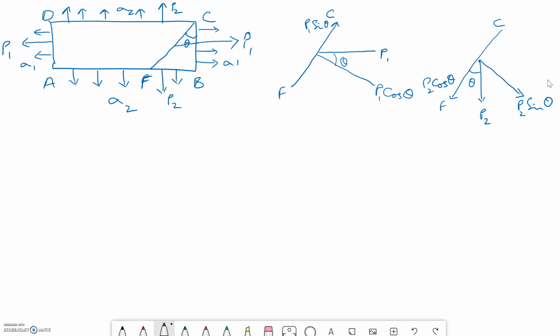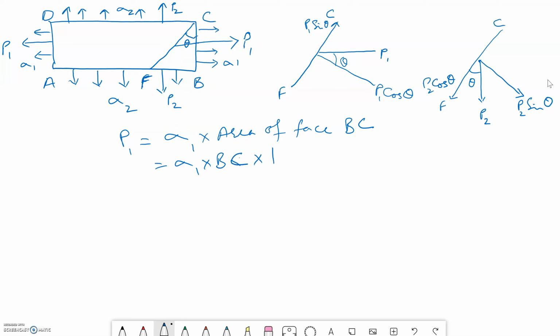All right, now we can write P1 and P2 in terms of sigma 1 and sigma 2. Let us try and do that mathematically. P1, you can say it is sigma 1 stress times area of face BC, which is equal to sigma 1 BC times 1, unity being the thickness.